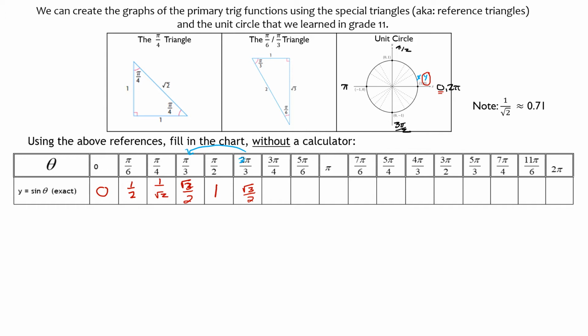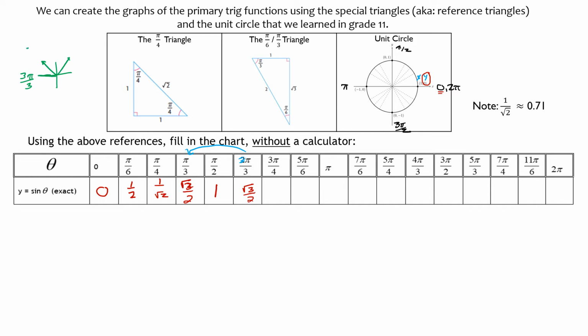2 pi over 3. I'm going to draw a little sketch over here to the left. 2 pi over 3. What quadrant is that in? So this is pi, which is the same as 3 pi over 3, where you're going to use the denominator of 3. So this would be 1 pi over 3, 2 pi over 3, 3 pi over 3.